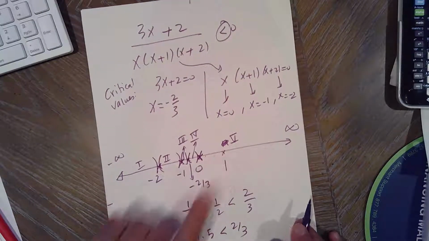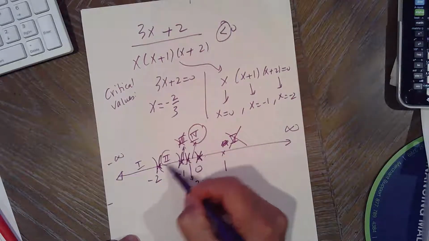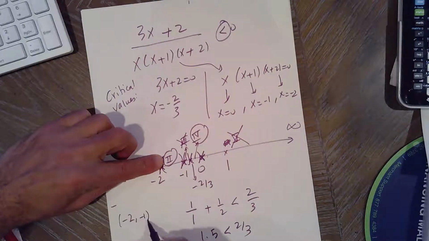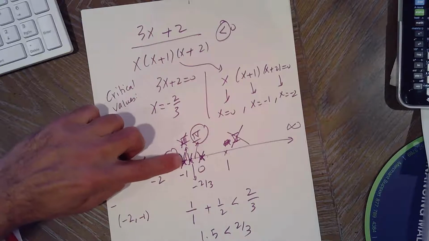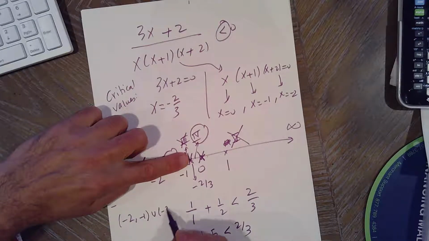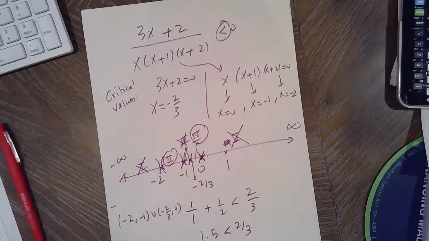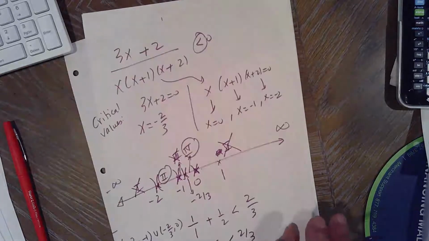So 1 is in interval 5. Interval 5 is false. 4 is true. 3 is false. 2 is true. 1 is false. So the intervals are -2, -1, union -2/3, 0. Alright, so that is done.